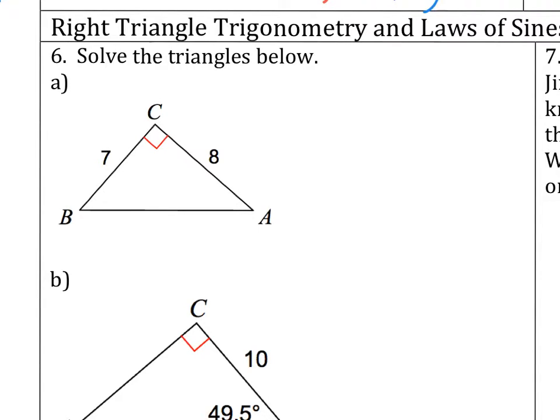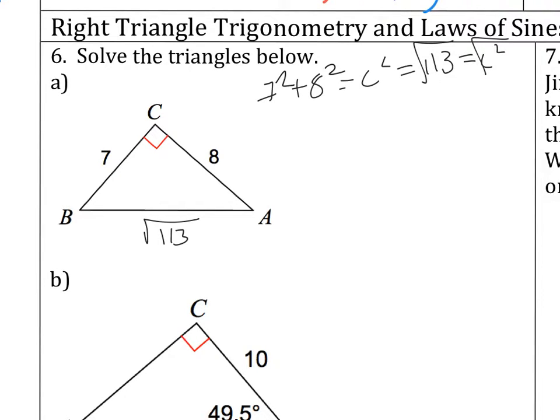That's the hypotenuse, so I could Pythagorize it. 7 squared plus 8 squared is going to be BA, or C squared. And doing that, 49 and 64 is going to be 113. And that's equal to C squared. Square root both sides. C is equal to the square root of 113.